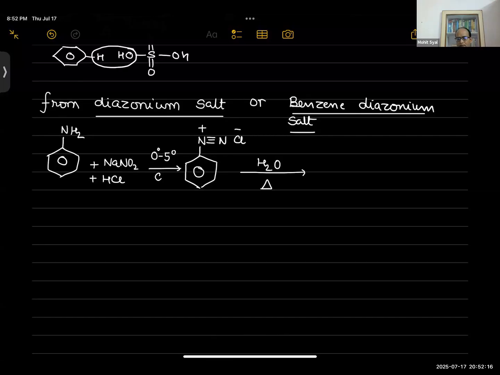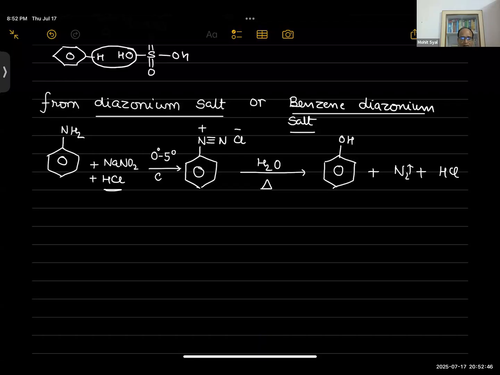Got it? Very, very important. And this is benzene diazonium chloride, or benzene diazonium bromide. It depends upon the acid which you have taken.